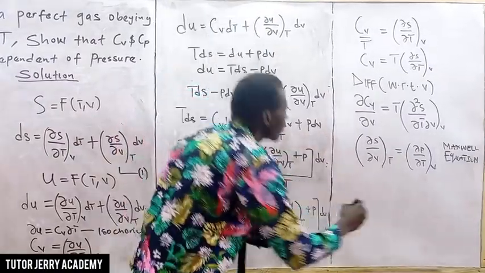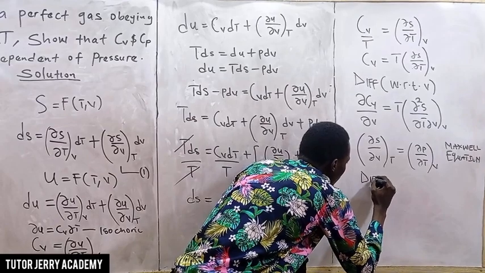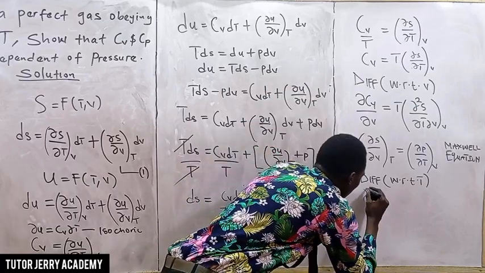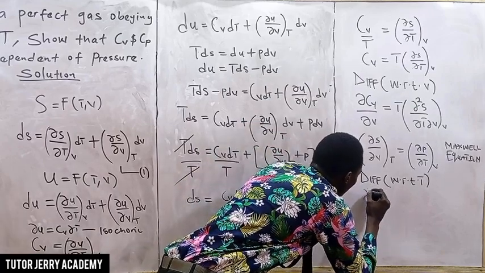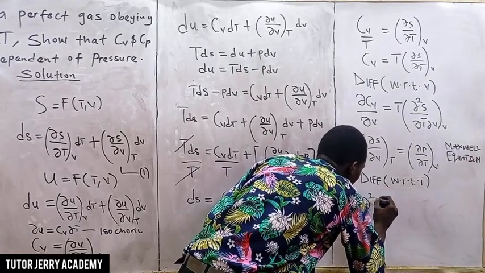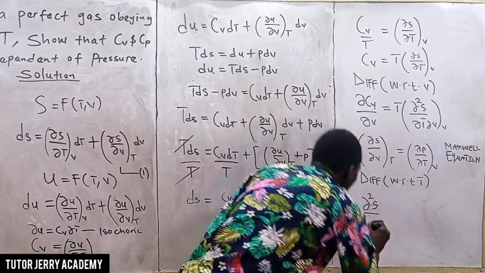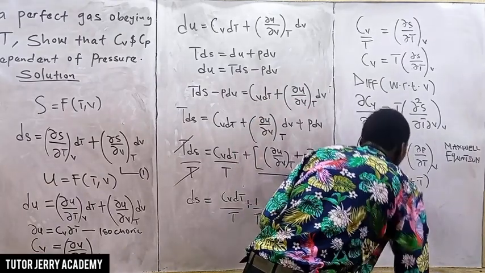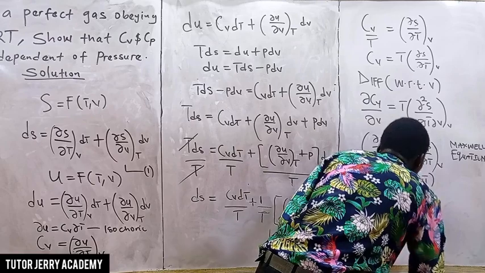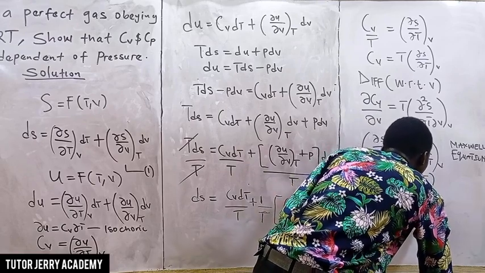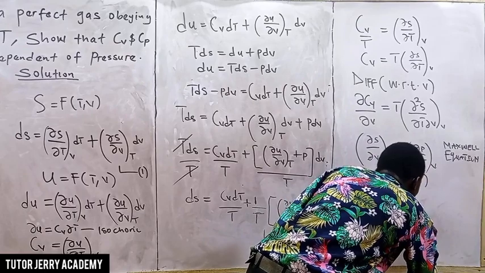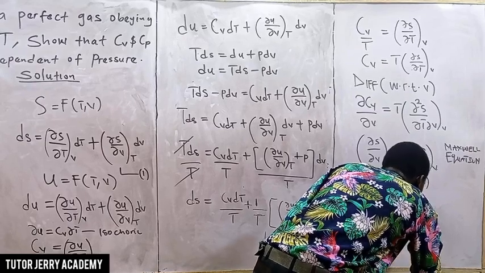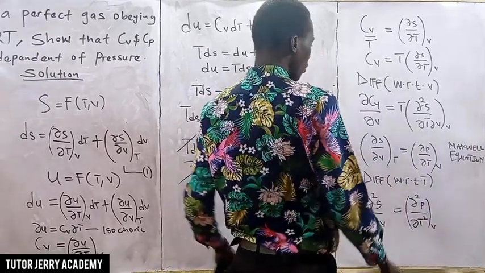If we differentiate this equation, we are going to have the second partial derivative of s over the partial derivative of t multiplied by the partial derivative of v equal to the second partial derivative of p over the partial derivative of t squared, keeping v constant here. So this is what we are having.